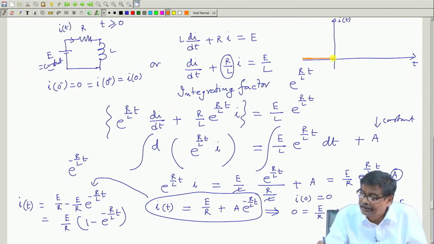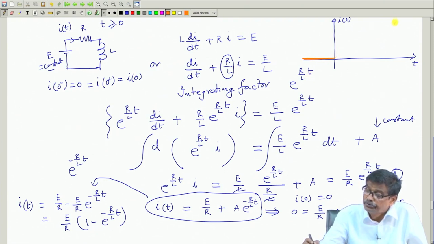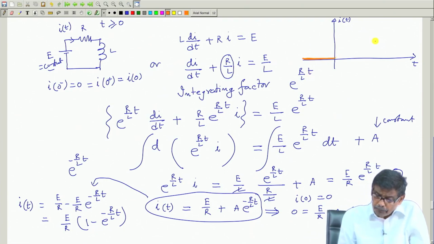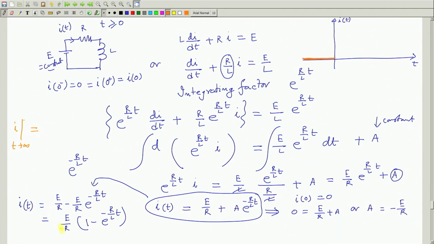It is always better to draw the current waveform for t less than 0 also. Then at t equal to 0, you do the switching. Obviously, if you put t equal to infinity, as t tends to infinity, this current will be only E by R.